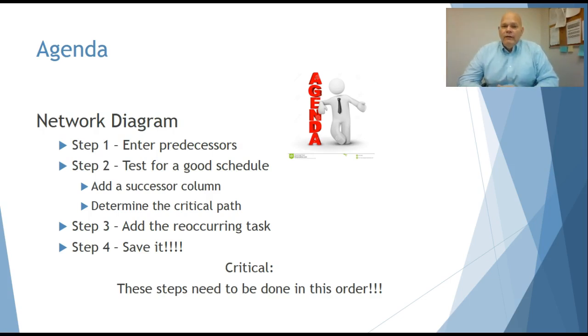And then, of course, save it. Very important. Again, these steps need to be done in this order, and I very much encourage you to do each step in its entirety before moving on to the next step. Again, Microsoft Project can sometimes be a little fickle, so make sure that you do these steps in this order.